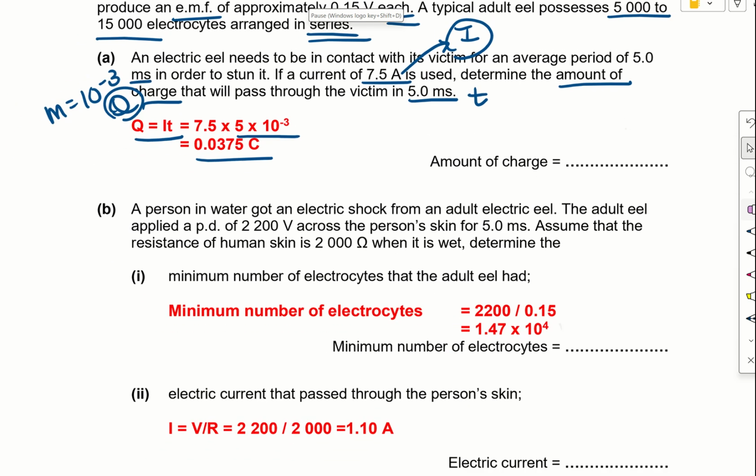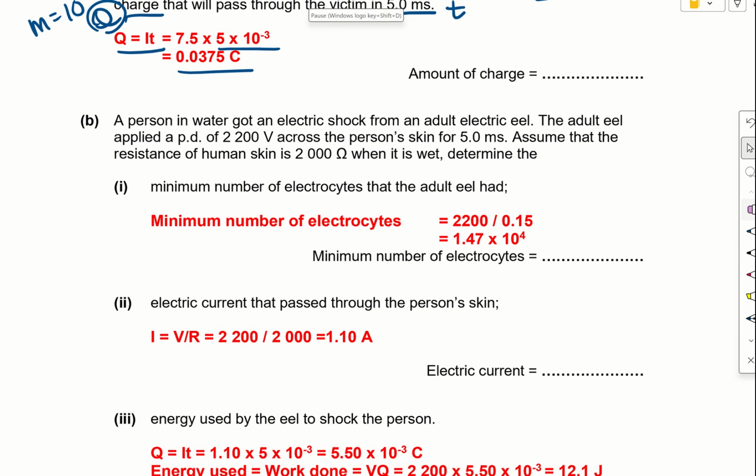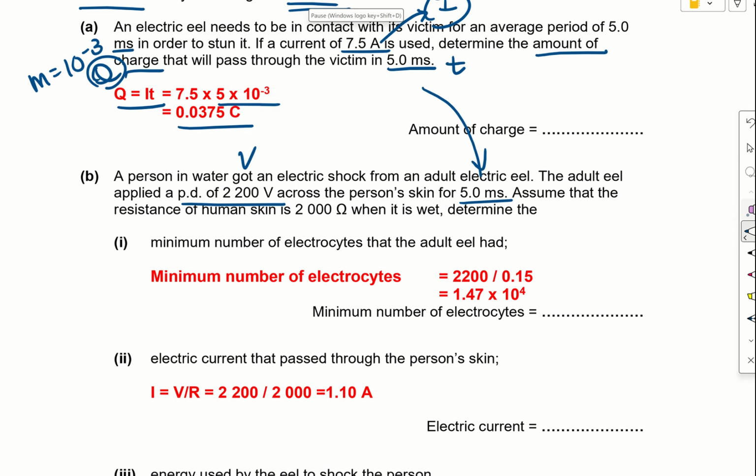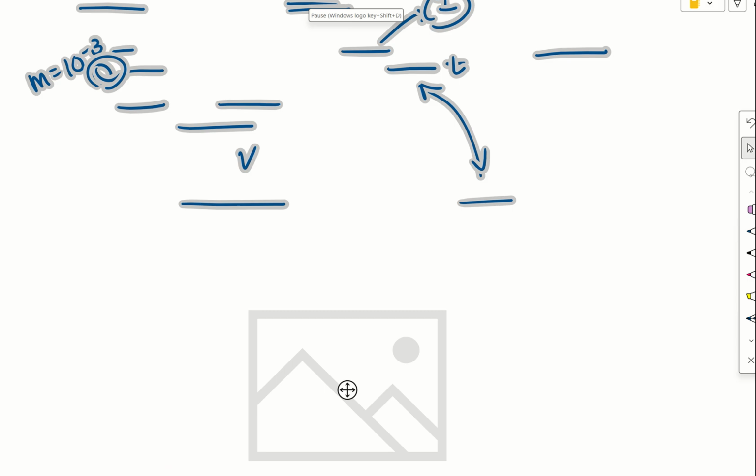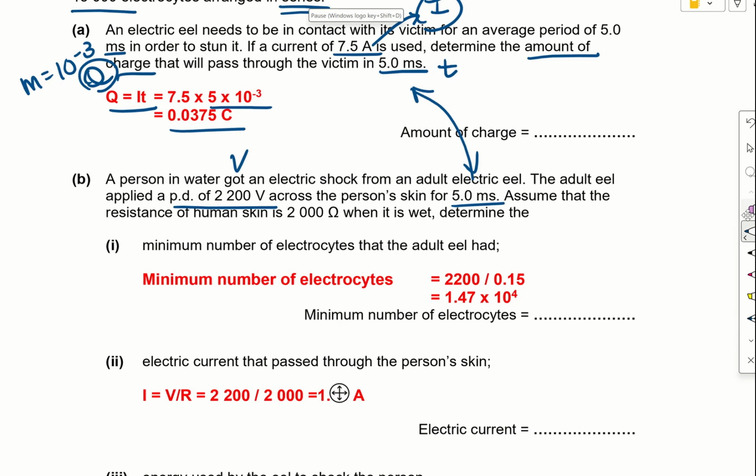Now a person in water got an electric shock from an adult electric eel. The adult eel applies a PD of 2200, so this is my V, across the skin for 5 milliseconds. So same thing, same amount of time. Okay, assume that the resistance of the human skin is 2000 ohm when wet. So this is R. Determine the minimum number of electrocytes that the adult eel had.